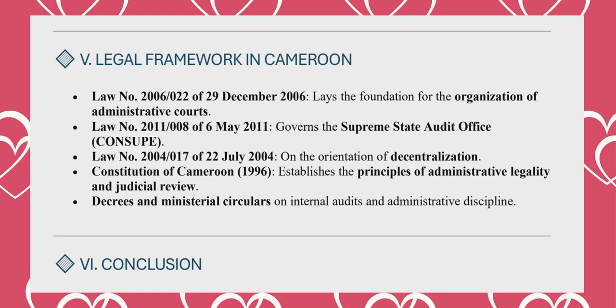Then we have the law on decentralization, the law that oriented decentralization, I mean the one before 2019, because we have the law number 2019/024. That's not the law I'm talking about here. I'm talking about law number 2004/017 of 22nd of July 2004 on the orientation of decentralization.